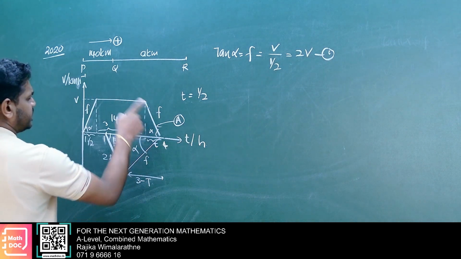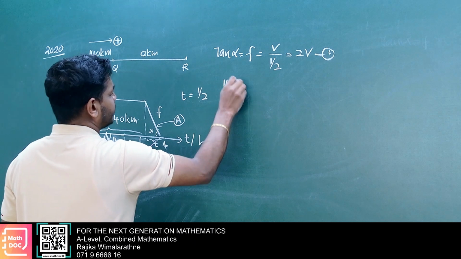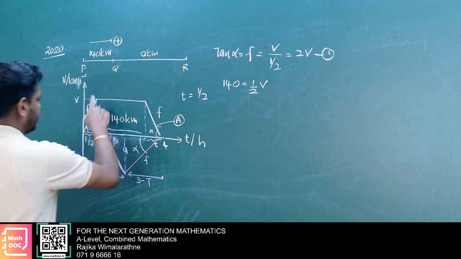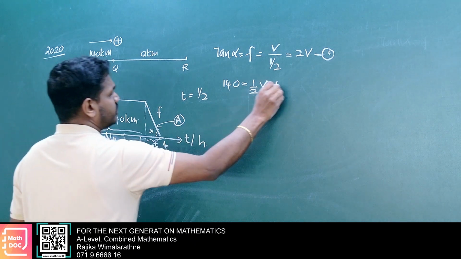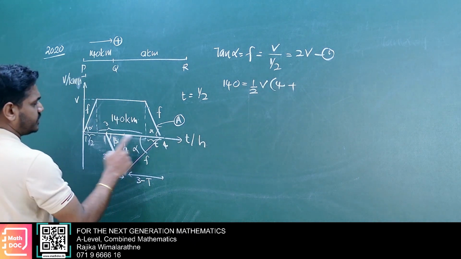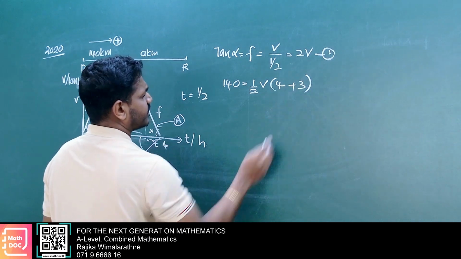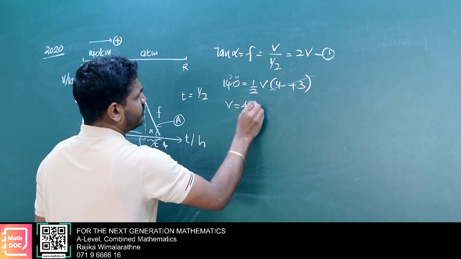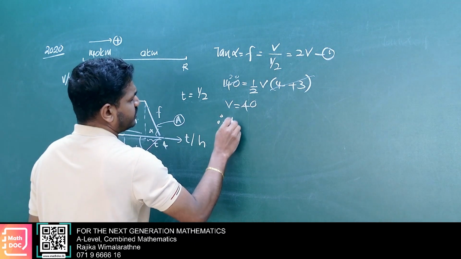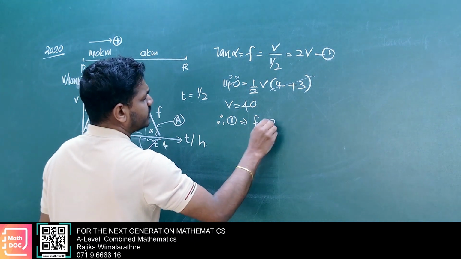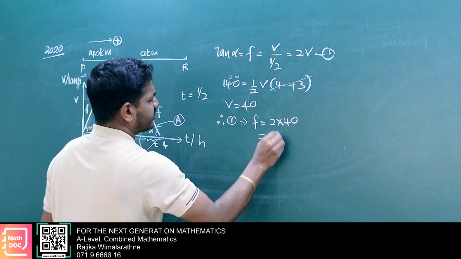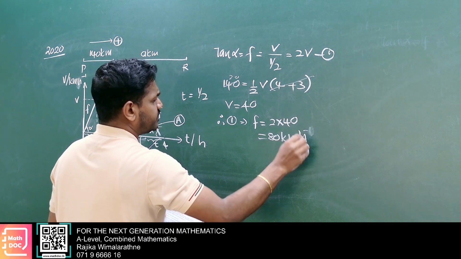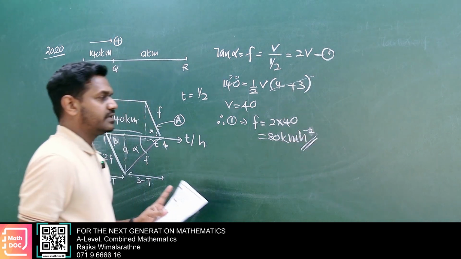Then the total displacement: 140 equals the area of the trapezium, half into V into 4 plus the constant velocity part of 3 hours. So 7 over 2 V equals 140, V equals 40. Therefore, by the first relation, F equals 2 times 40, which is 80 kilometers per hour squared.